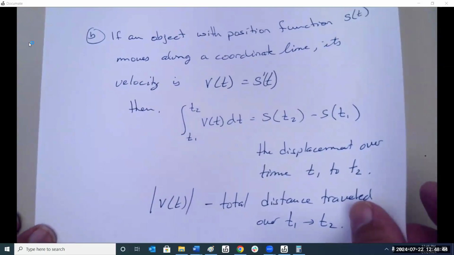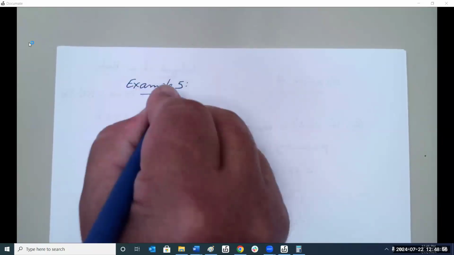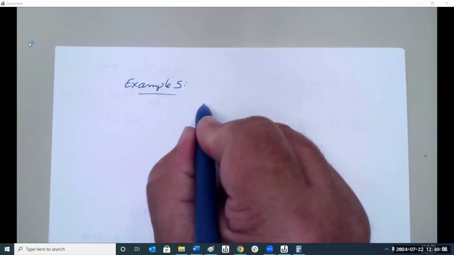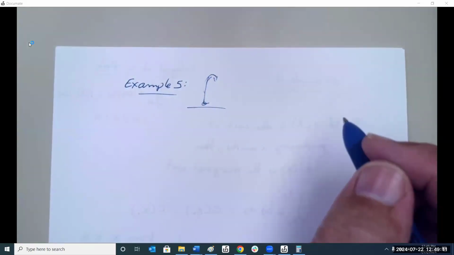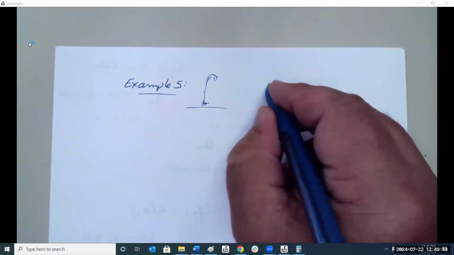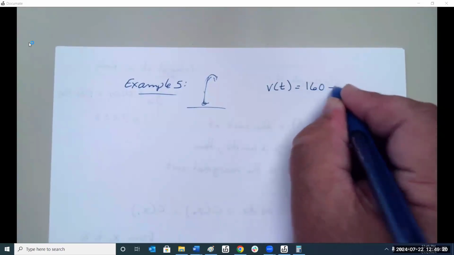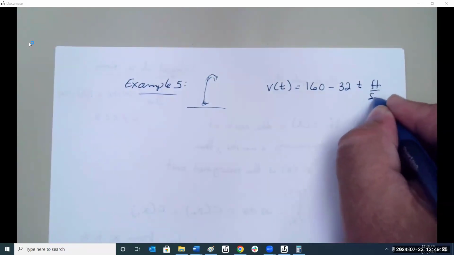All right, let's look at an example. Consider again our analysis of a heavy rock blown straight up from the ground by dynamite. This is the rock blown straight up. The velocity of the rock at any time t during the motion is denoted by this function, in feet per second.